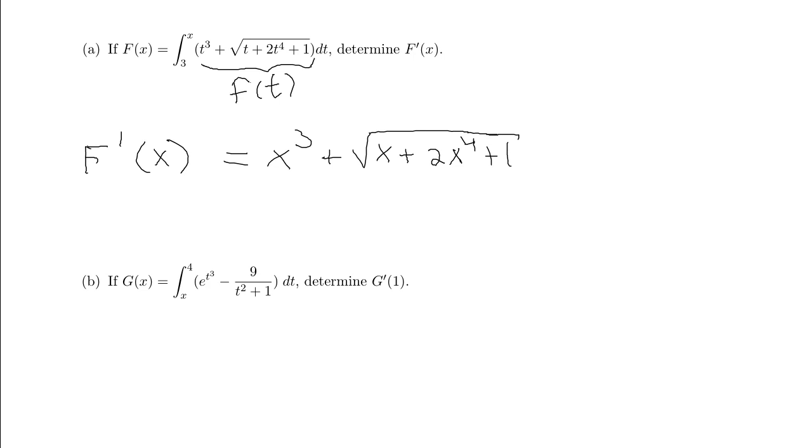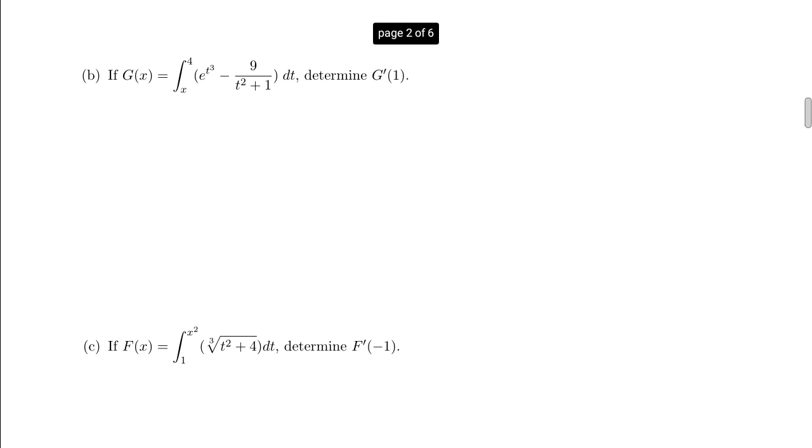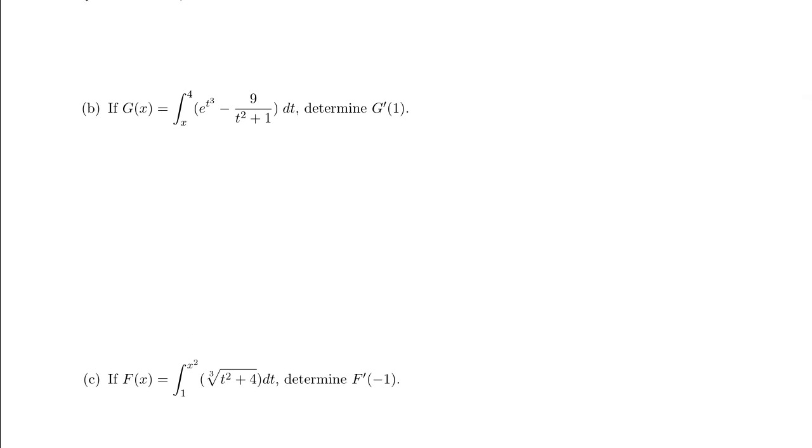In our second example, there's a bit of an issue. We are given the integral from x to 4 of e to the t cubed minus 9 over t squared plus 1. Again, this function of t is just little f of t. But notice we don't have a constant on the bottom, we have a constant on the top. In the fundamental theorem of calculus part 1, the way it's stated is that the constant needs to be on the bottom.